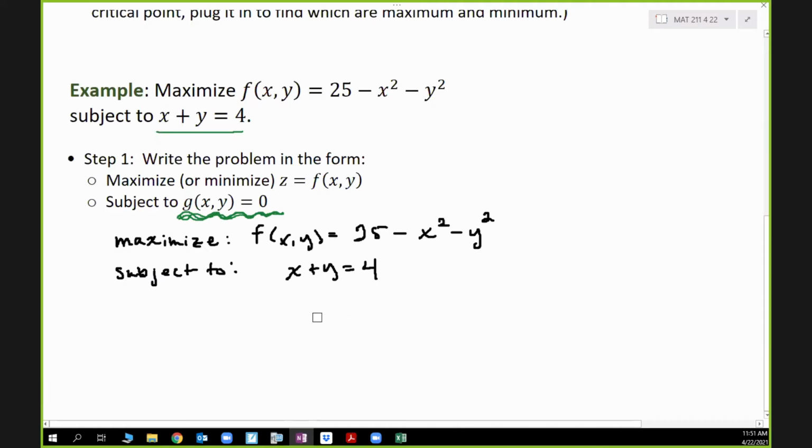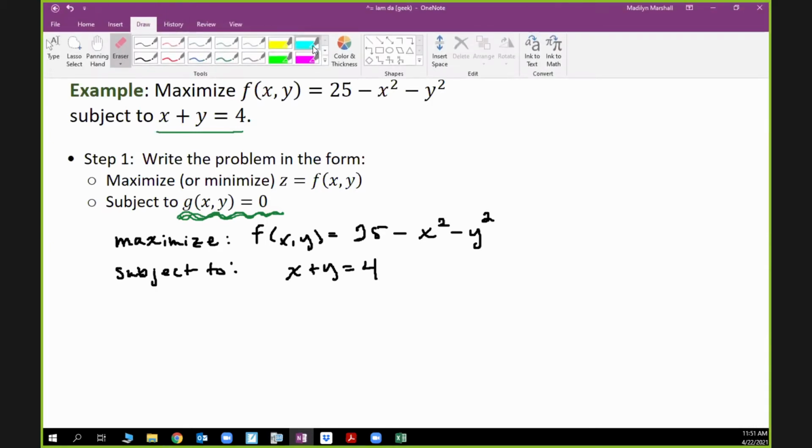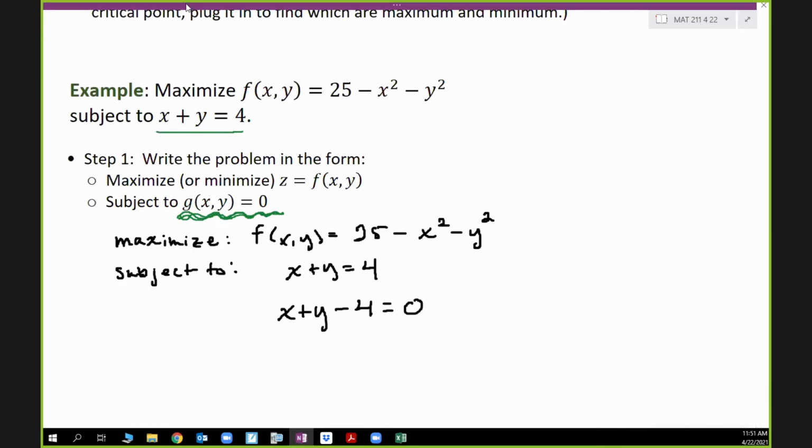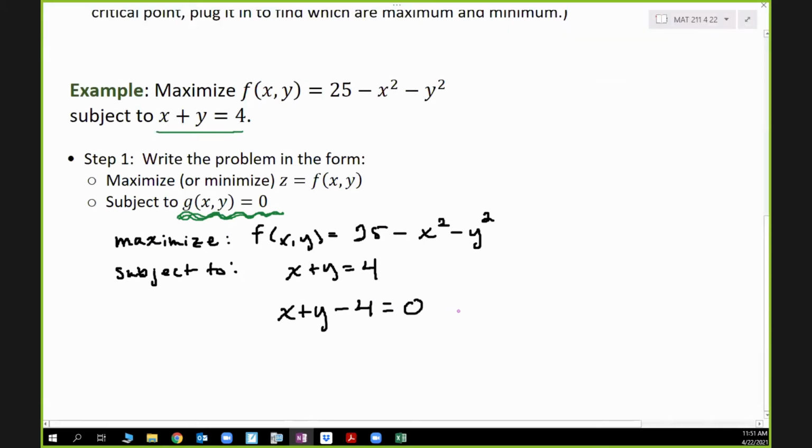If we have x plus y equals 4, all we need to do is get that to be 0 on one side. So x plus y minus 4 equals 0. So the key here to this subject to part is to get 0 on one side.